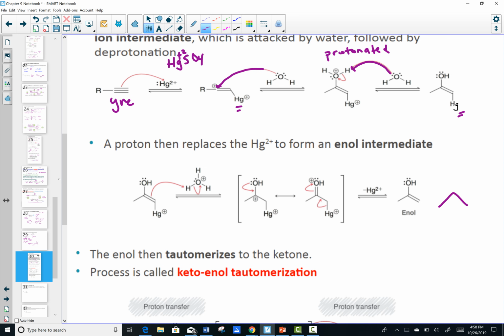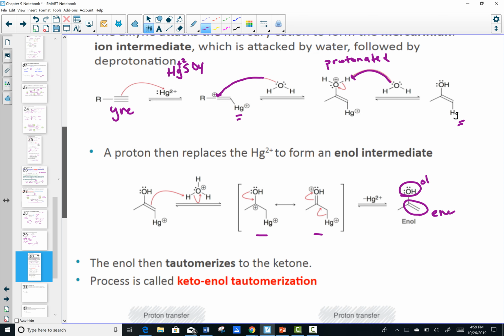So let's define ene-ol. Notice that it has two positions here. So we'll follow that up in a moment, but the ene part here is the double bond, and the ol part here is the hydroxyl group. Ene, ol, intermediate.